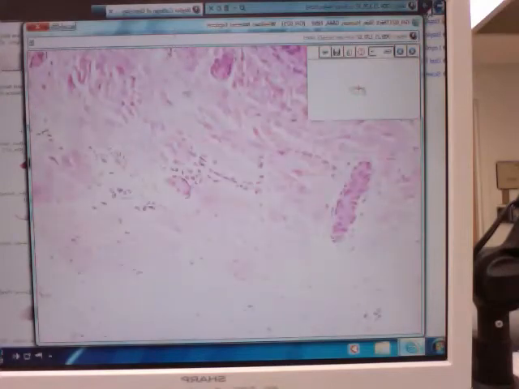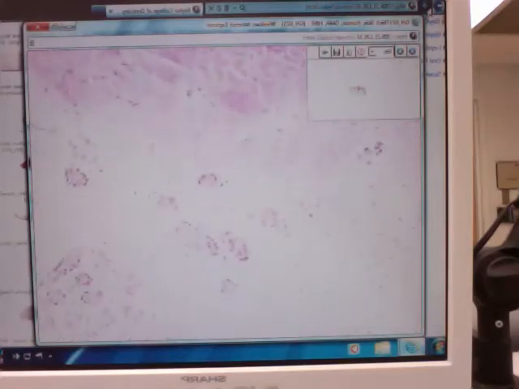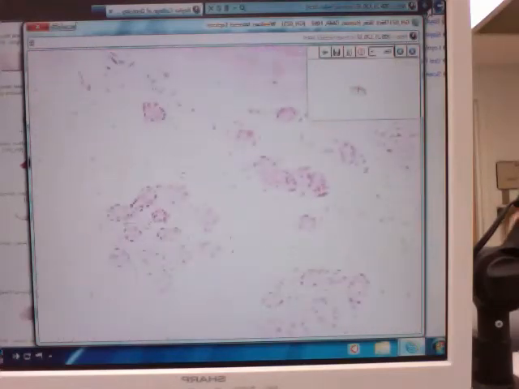When you get further out, there's some dense irregular, here's some more loose, dense irregular, all through here. And then you get out here in this area, and you start seeing these circular structures. What you're looking at is cut pieces of a simple coiled tubular gland, or sweat gland if you like, which I always do.